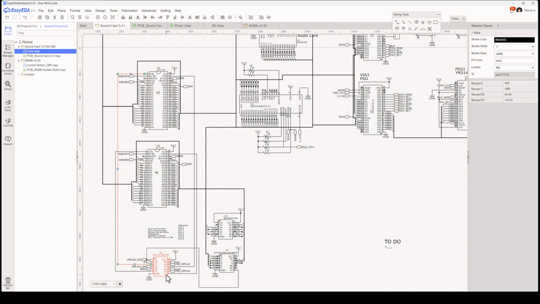But then the other logic that I have down here is similar, but instead of looking at A0, I look at BHE. If I'm in the proper address space and BHE is low, that tells me it's an upper byte read or write. Coming out of that is the enable signal for the high IC. And if I'm doing a full 16-bit read and write, I would be allowing both this IC and this IC to be read simultaneously and fill up that 16-bit data bus.